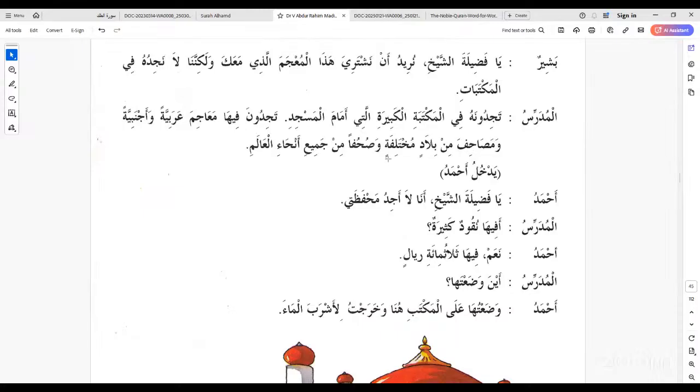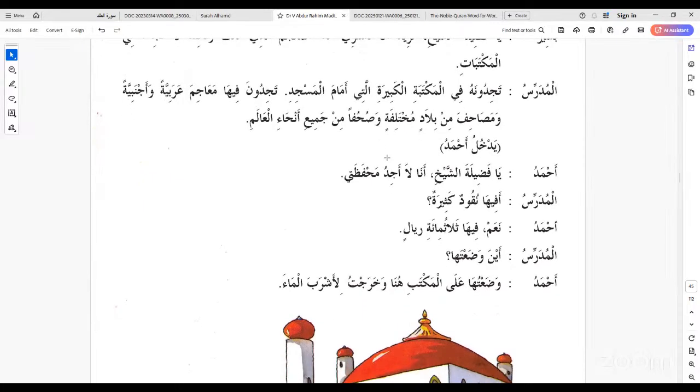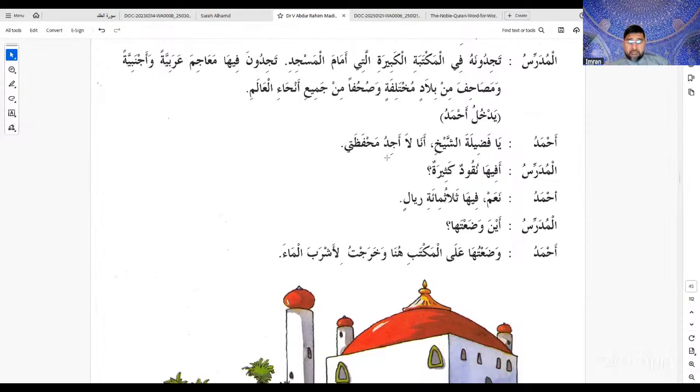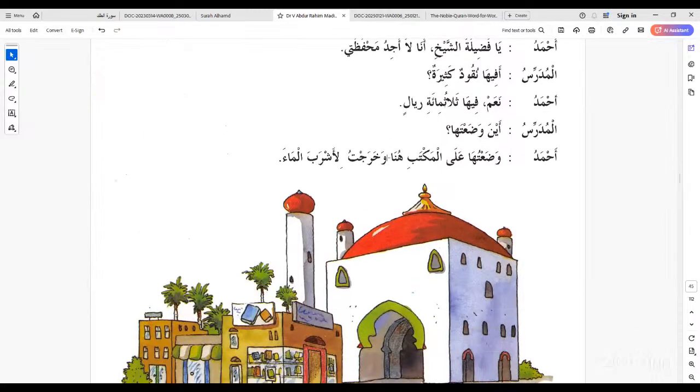O Honorable Sheikh, I cannot find my purse. In it were a lot of cash. Yes, in it there were 300 riyals.